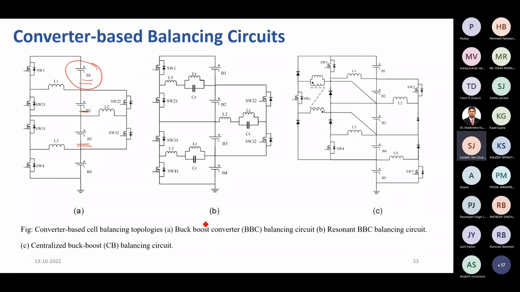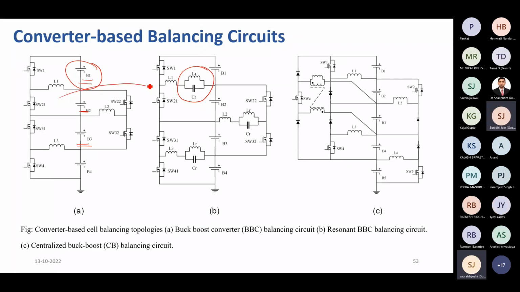And the second one is a resonant converter. We are trying to modify that with resonance, so it is more or less the same as the buck boost converter, but with the balancing resonant converter we want to improve the efficiency of the system by using ZVS and ZCS methods.